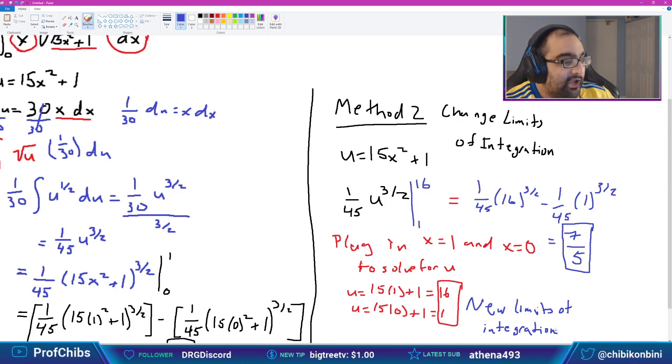You can go ahead and replace back for what you defined as x, and then take it from the original numbers that you were given. Or you can change your limits of integration and work with u once you've found that integral, and just do it directly without having to involve x again after that. People find one way to be easier than the other, but everybody's different.